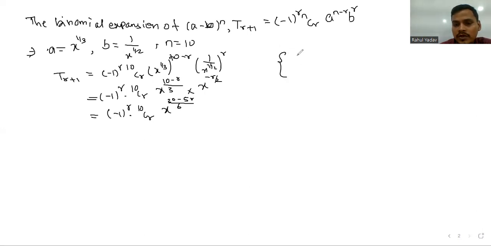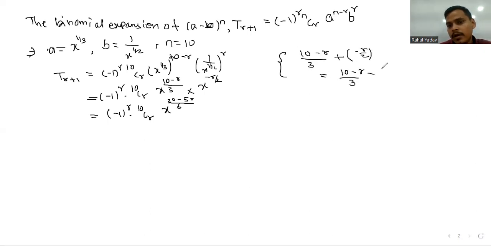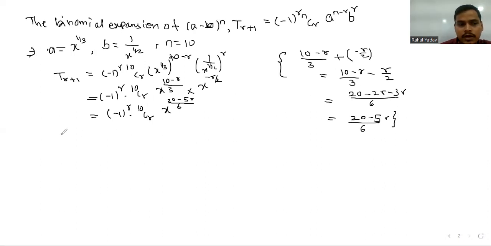The calculation is: 10 minus r by 3 added to minus r by 2 equals 10 minus r by 3 minus r by 2. Cross multiplying, we do 20 minus 2r minus 3r divided by 6, that is 20 minus 5r by 6. Is it clear, student?